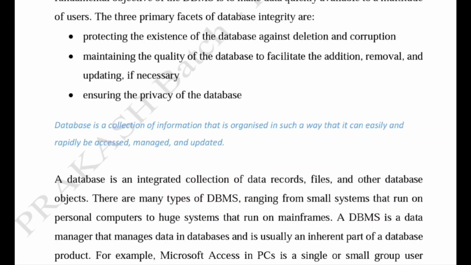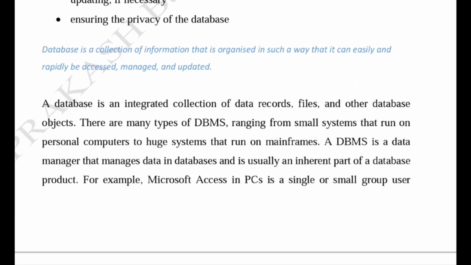So that is the fundamental root of the database. A database is an integrated collection of data records, files and other database objects. Means data collection is the format of the database.